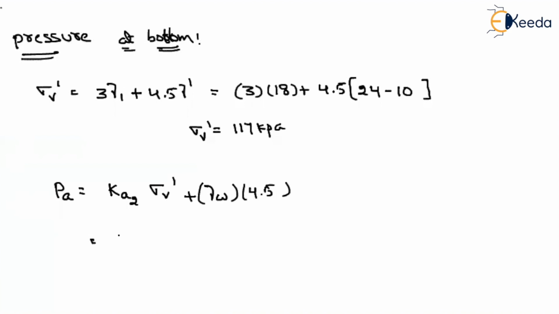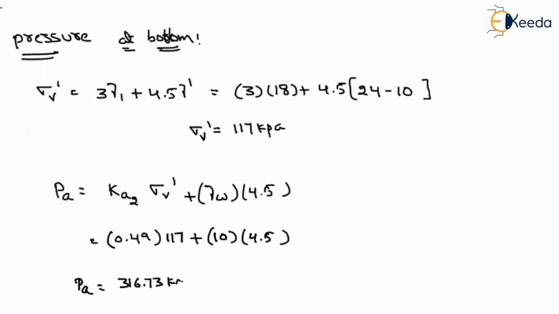That will be equal to Ka2, which is nothing but 0.49, into the vertical stress, 117 plus, considering the weight density of water as 10, into 4.5. So what is the active earth pressure at the bottom? If we solve this, we will get around 316.73 kilonewton per meter.